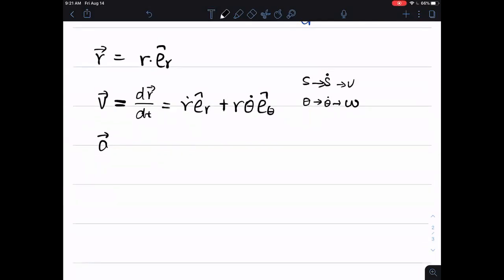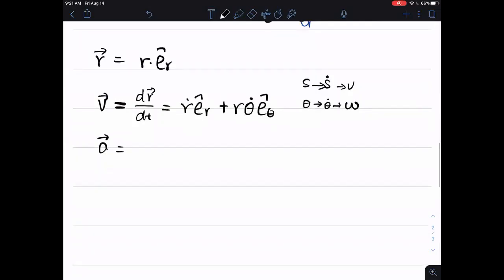Okay. Now let's look at acceleration. What's the equation for acceleration in the polar coordinate system? Same deal, take a derivative of v with respect to t, and I will skip the 40 minutes of math derivation.